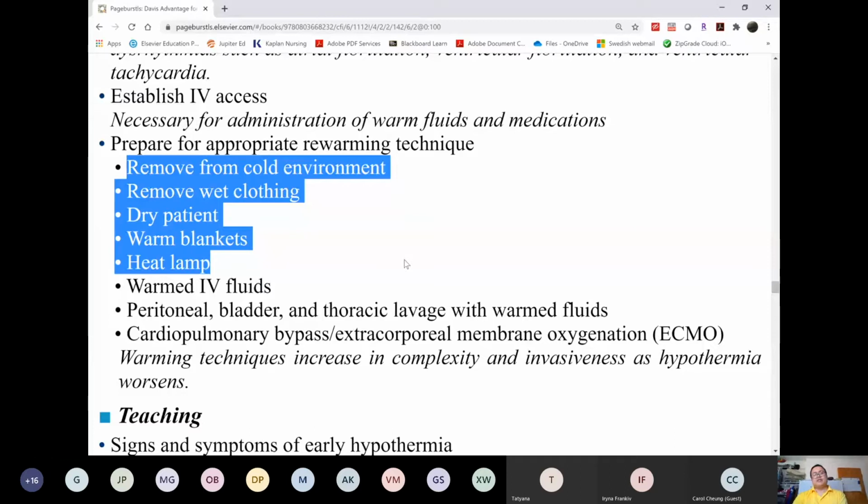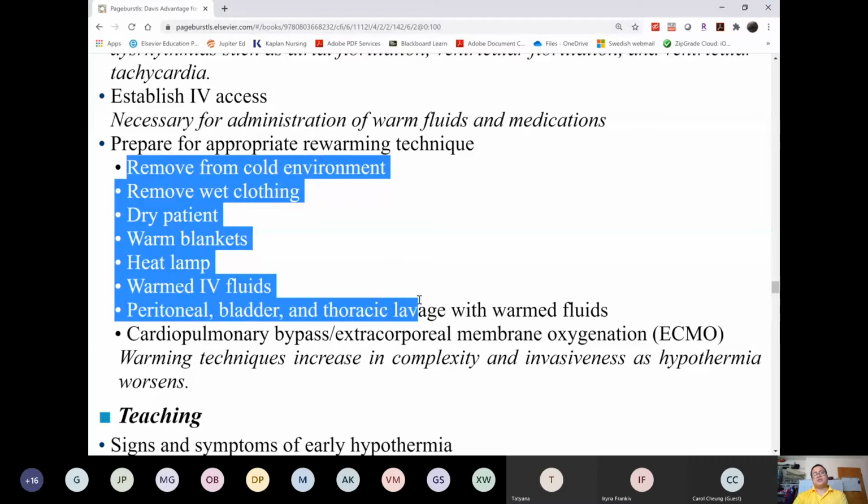You can do these at the scene. You don't have to wait for the patient to reach the hospital before you start them. You can start the rewarming techniques at the scene and also on the way during transport to the hospital. And then, of course, once we reach the hospital, you have the rest of these methods.